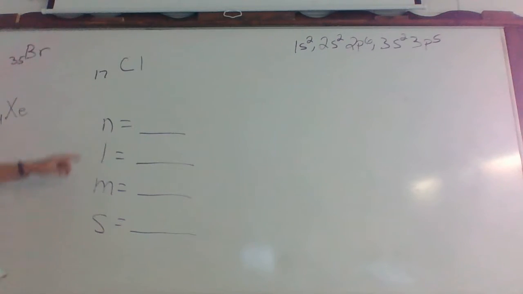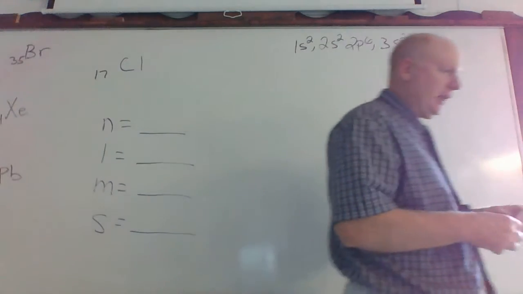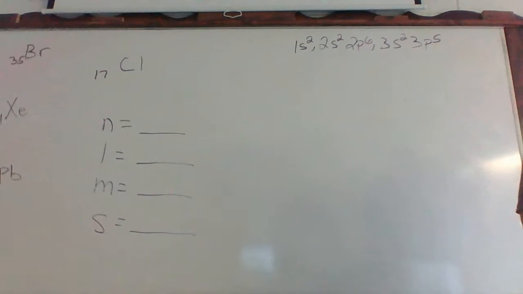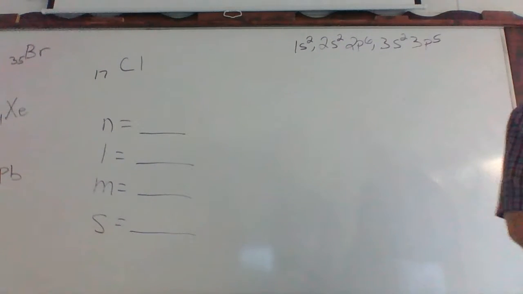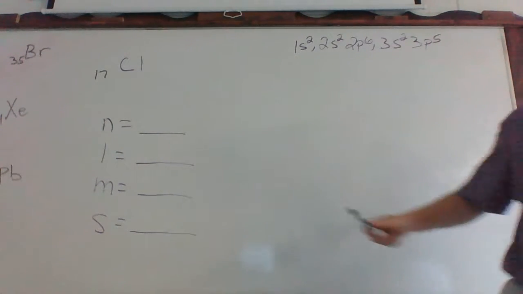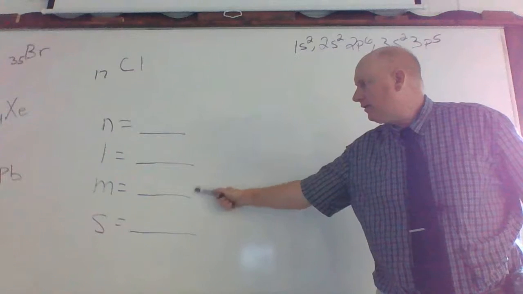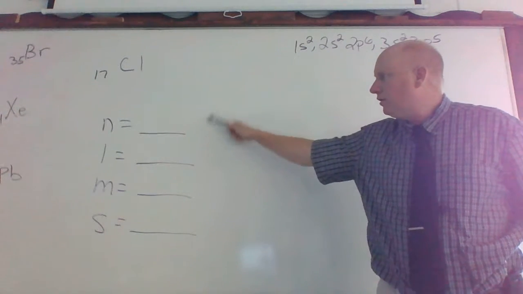So why they don't use p for this, I really don't know, because the first one is the principal quantum number, then the angular momentum. So I don't know why it's not p and then a and then m. These two make sense, but these two it's a little different.